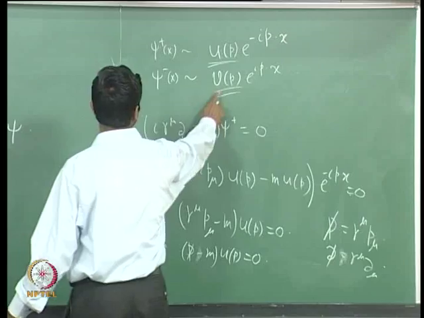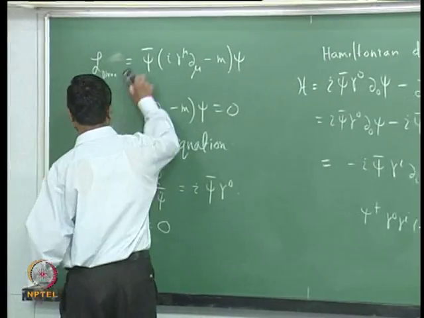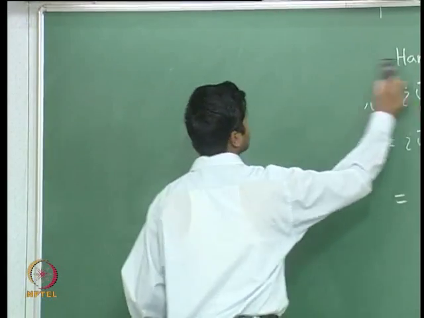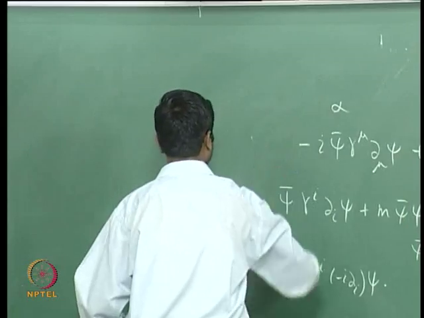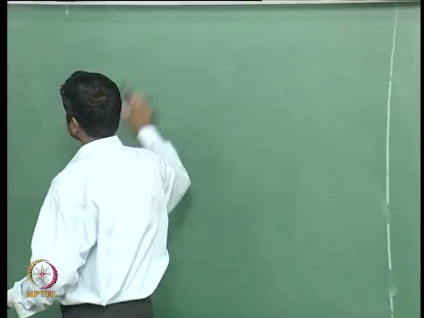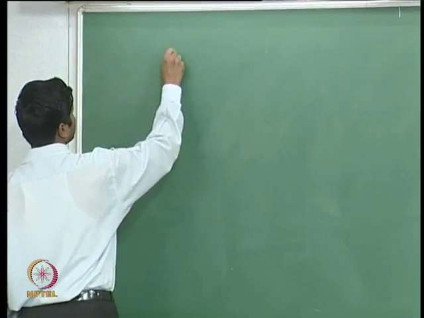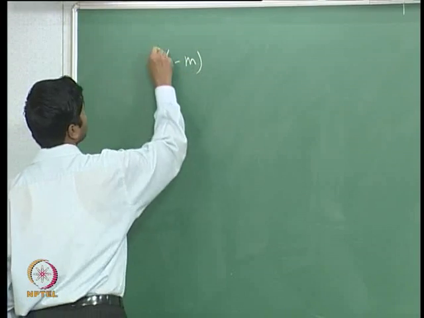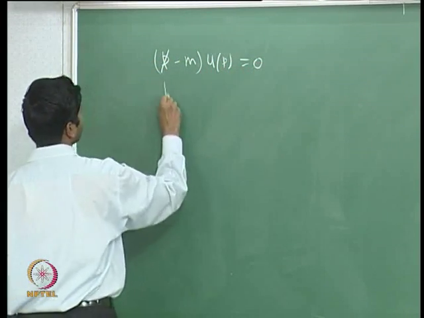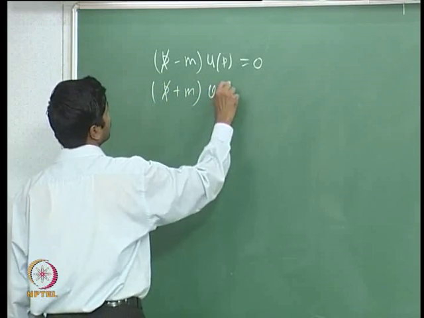Similarly, if you look for the negative frequency modes, then you will get an equation for v of p. I will summarize these two equations: (p slash minus m) u of p equal to 0, (p slash plus m) v of p equal to 0.